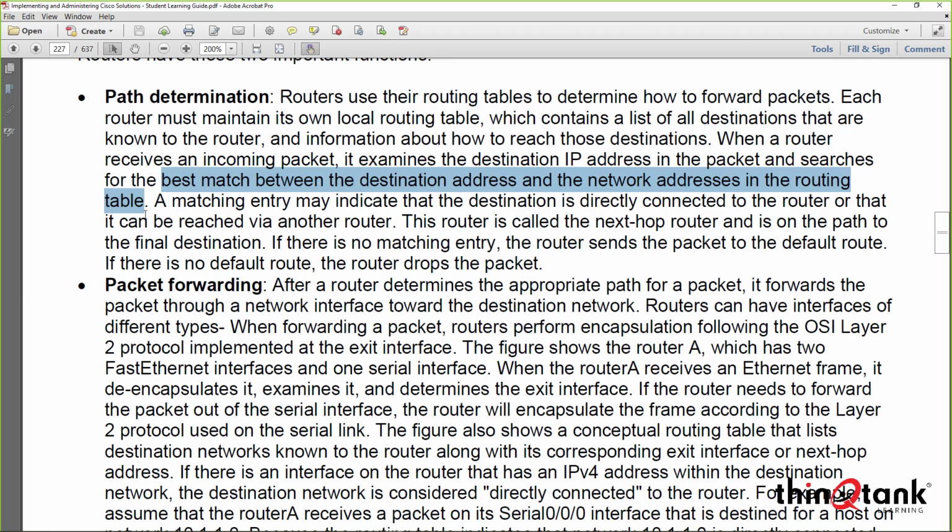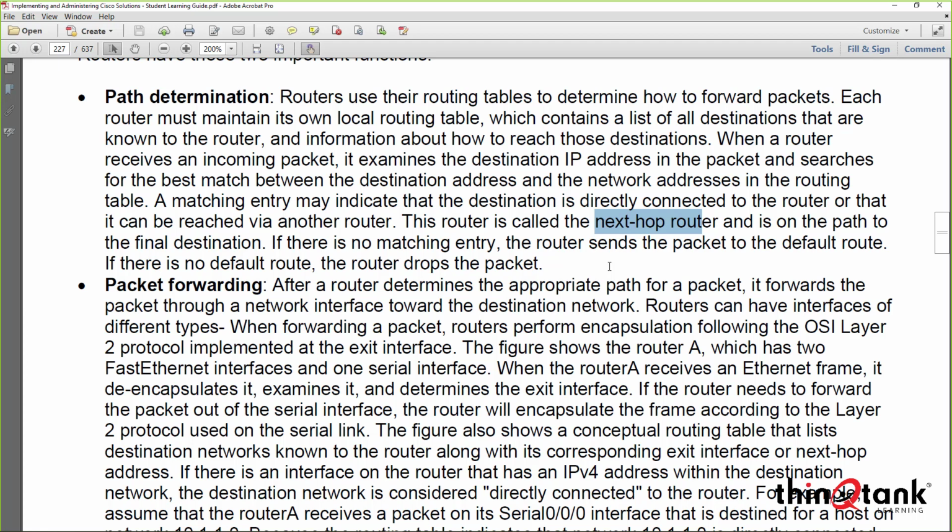All right? We may match to a directly connected route, or we may match to a dynamic route or a static route that points to a directly connected route. But we always send the traffic to the next hop. Routing is always about sending the packet to the next hop, not sending the packet to the final host.